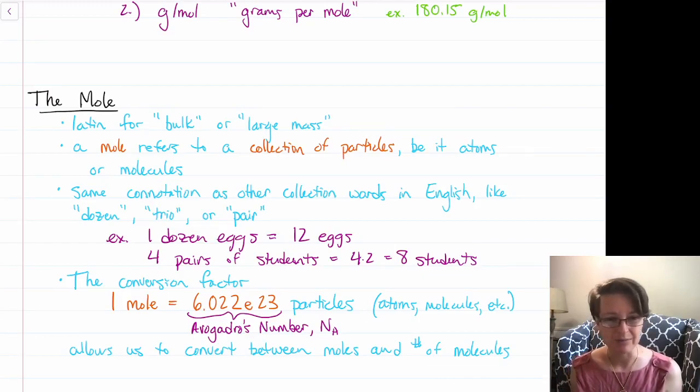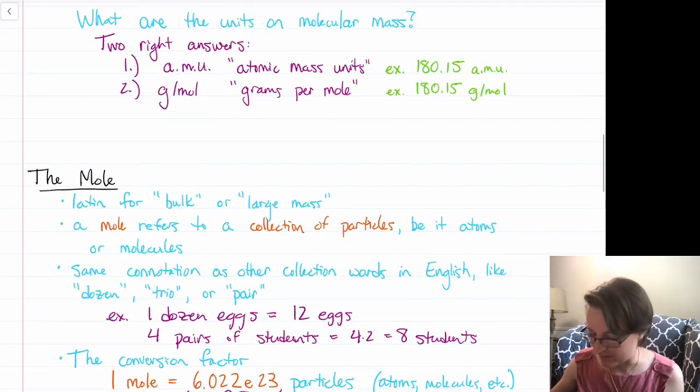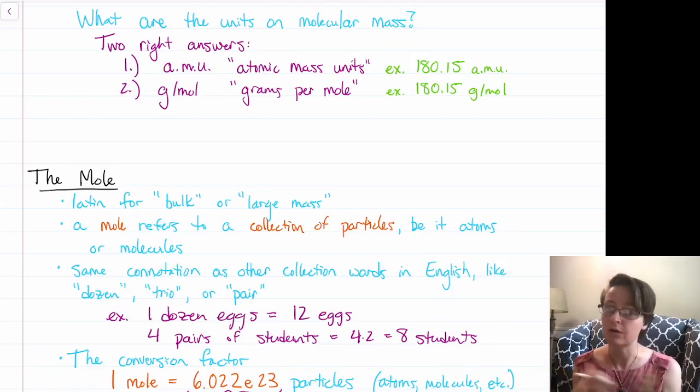If you want to know a little bit more about why it's this specific number, like 6.022 times 10 to the 23, it actually relies on this answer above, where chemists, when we were coming up with what the concept of a mole was, we didn't want to have to change the number for the molecular mass, whether we were talking in AMU or in grams per mole.